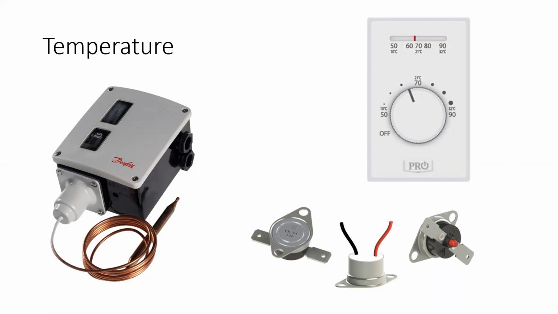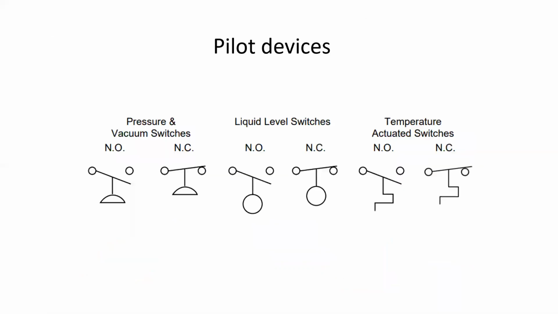Now, with all of these, it should be known that if we go back to pilot devices here, all of these are actuated by an increase in value. So whichever one we're discussing right now, if we see an increase in pressure, this will close. If we see an increase in pressure on this one, it will open. If we see an increase in liquid level, this will close.